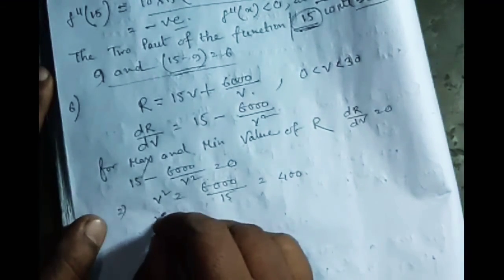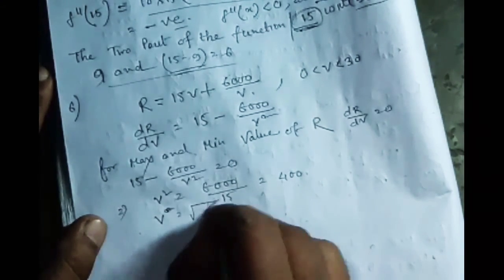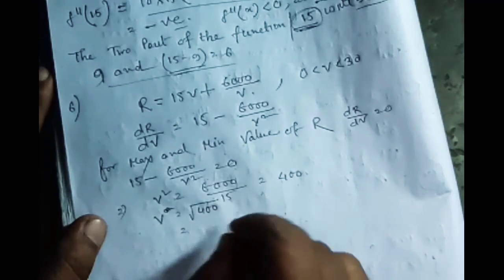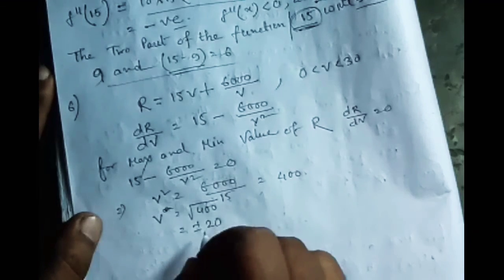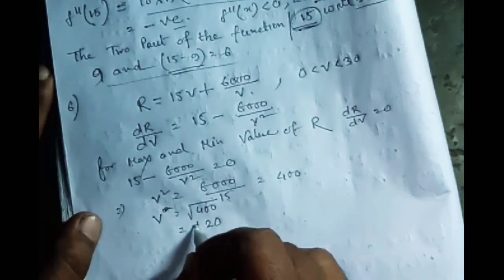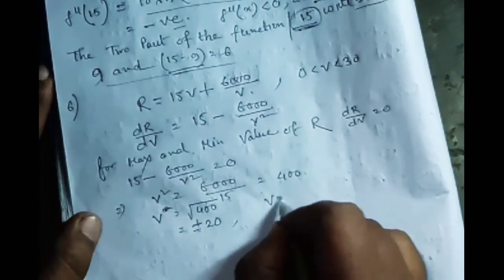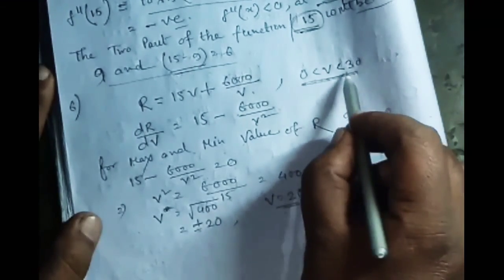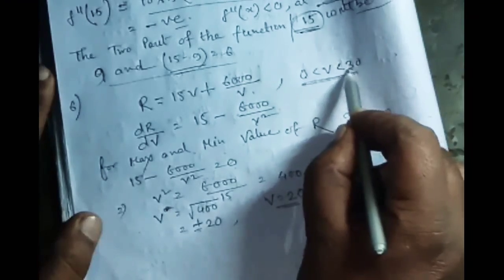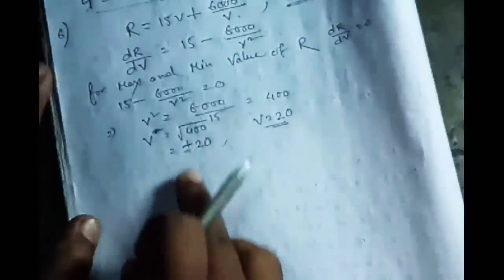So V is equal to root over 400, that equals plus minus 20, but we should omit the minus value, and we should take the plus sign because the value of V lies from 0 to 30.